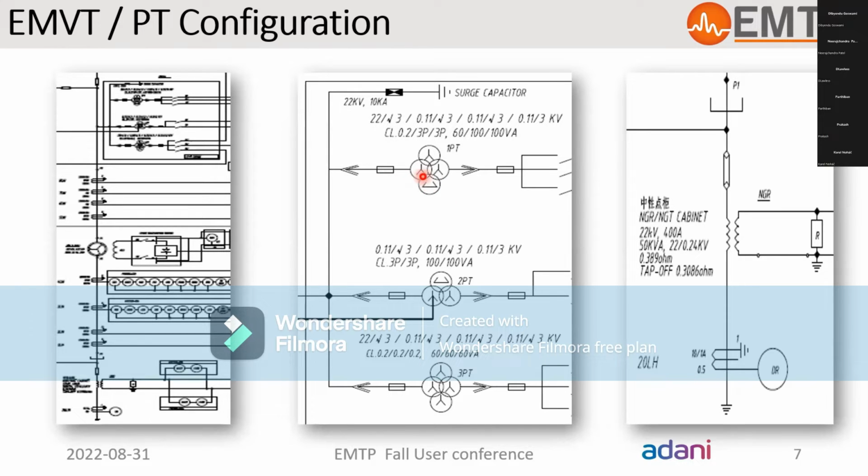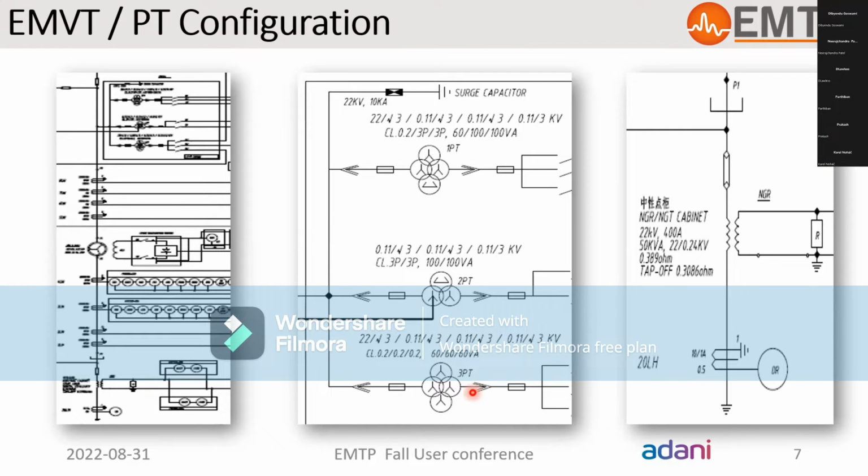And this particular PT star point is connected with the system ground. This is the other PT, which is a 2 PT, we can say. It has an open delta core, but for a specific application called the interturn protection. But the star point of this PT is not connected with the system ground. It is connected mainly with the generator neutral point to detect the interturn fault. And this is a 3 PT which doesn't have the open delta core.